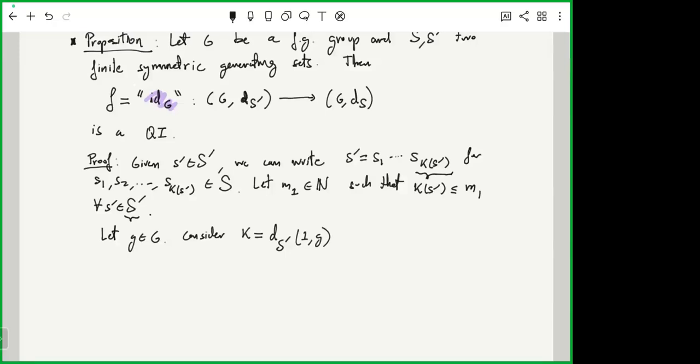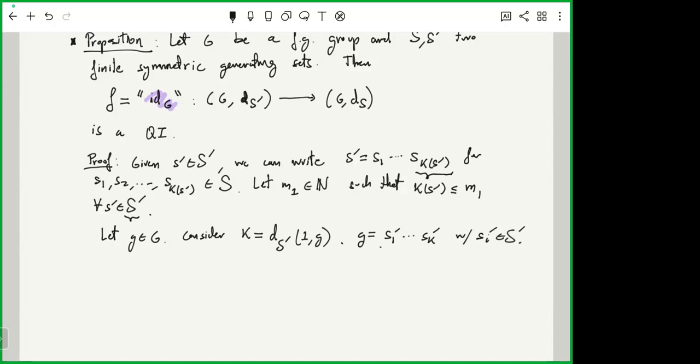So this means that k is the minimal number such that g is written as s1 prime through sk prime, with si prime in S prime.